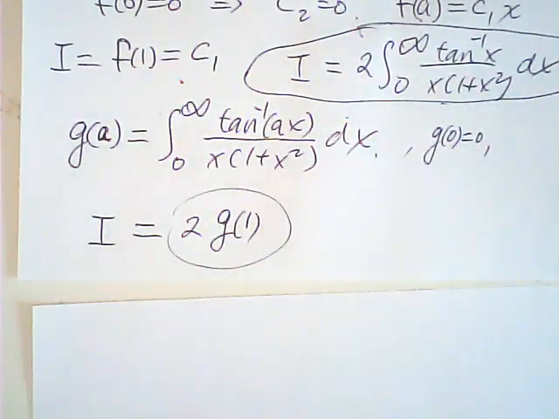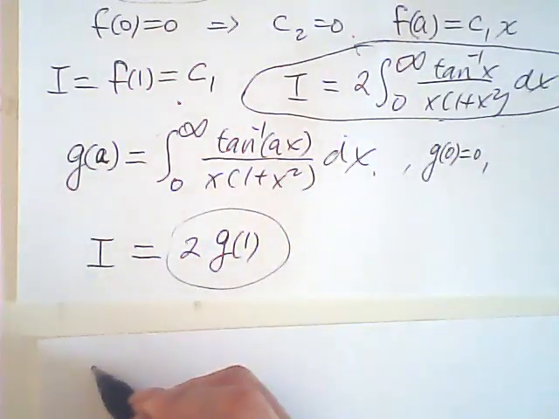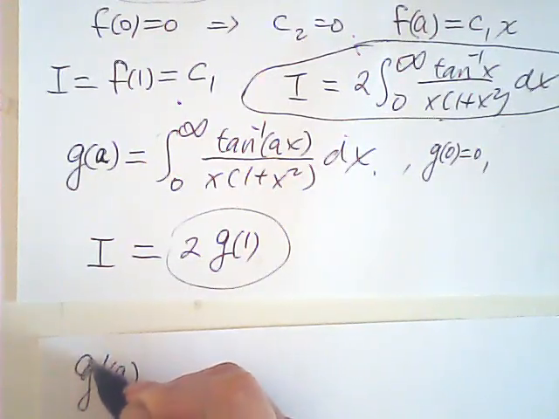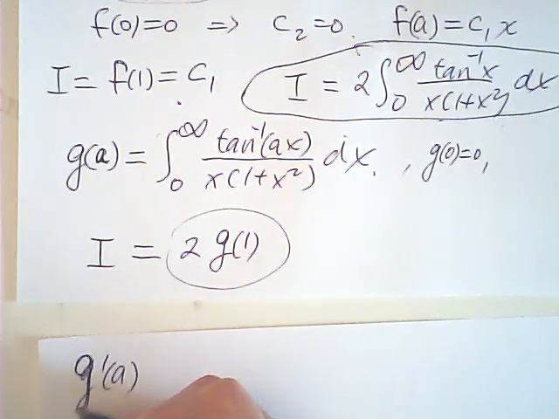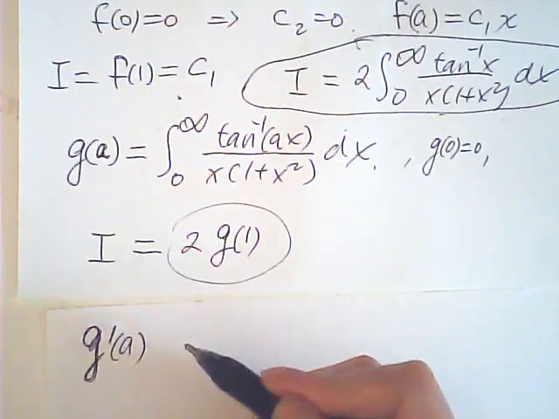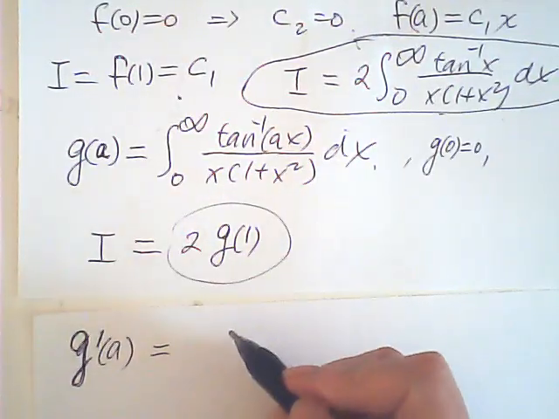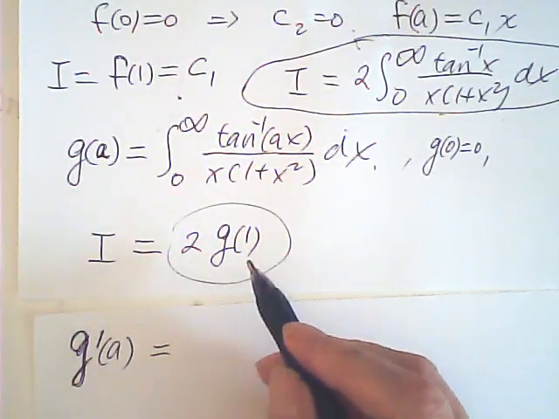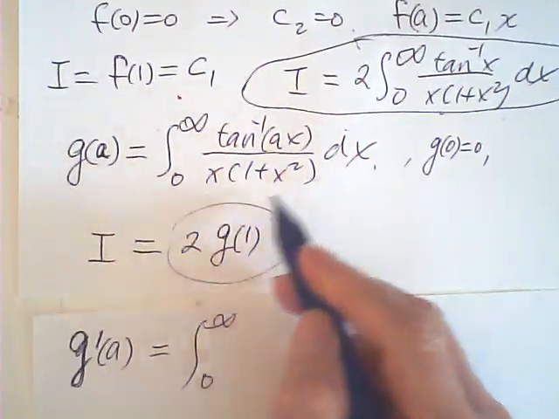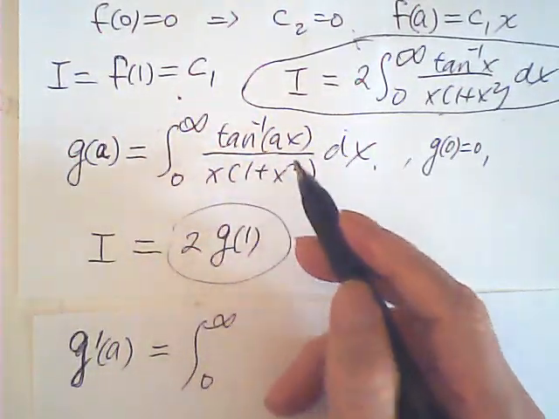g of a is this, and the derivative of g with respect to a, which is g prime of a, is equal to the integral of this one's derivative with respect to a.